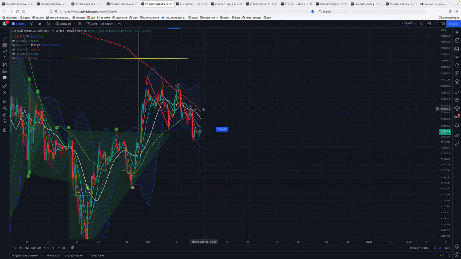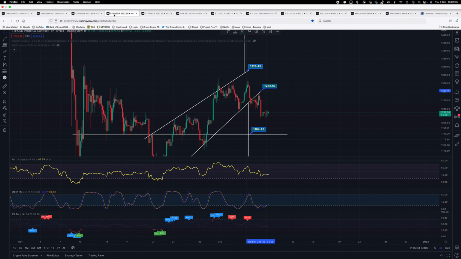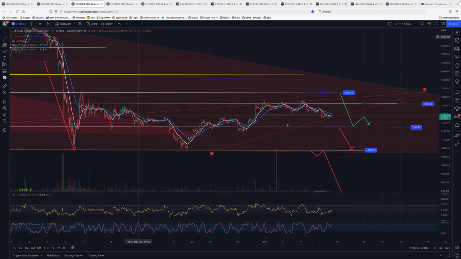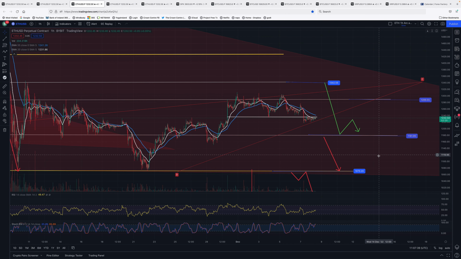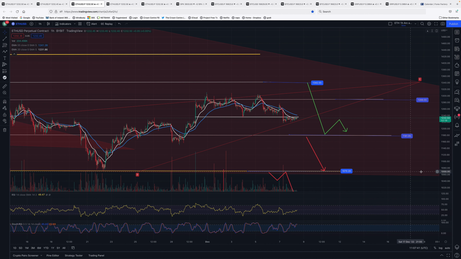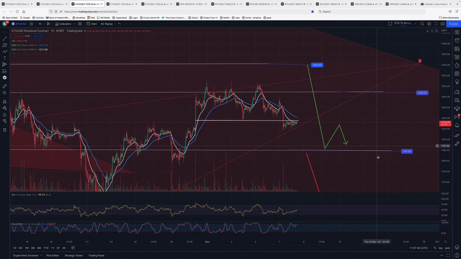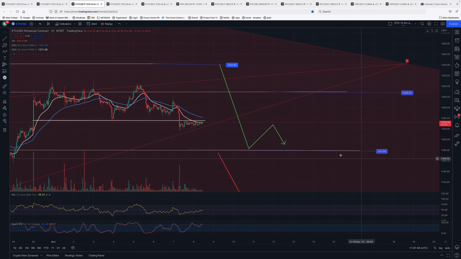It would be a high back test. XRP did it last night. Maybe ETH will do it too. Anyways, this crossing of the 50 over the 200 on the 4-hour to me is quite interesting. It's not a red flag, but it's an orange flag. It gets me to watch it a little bit more carefully.